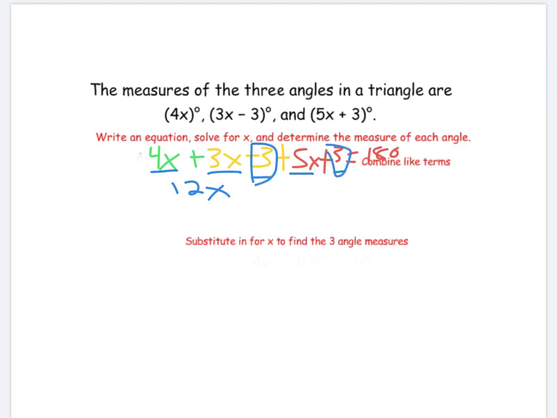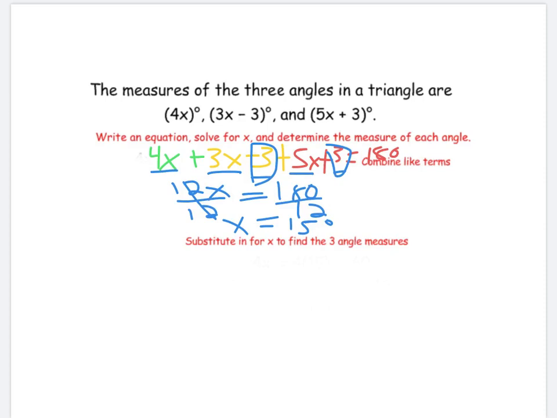Those are opposites, so that just leaves me with 12x is equal to 180. To get rid of the 12, I can divide both sides by 12. They cancel out here, and I'm left with x is equal to 15. So it's 15 degrees. So I solved for x.